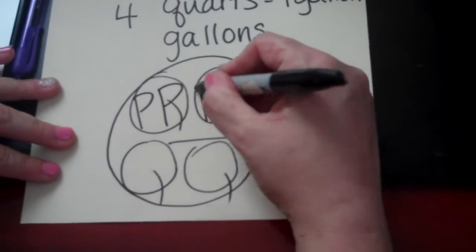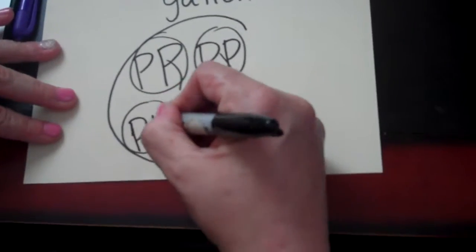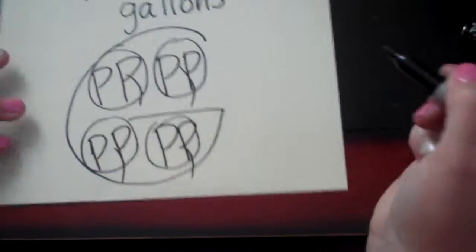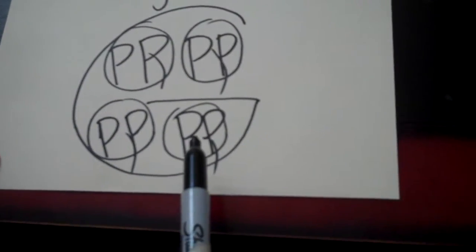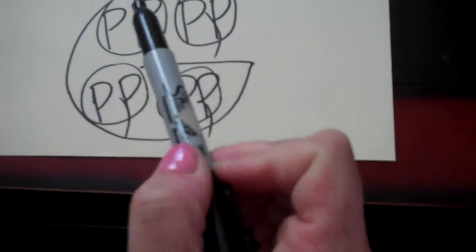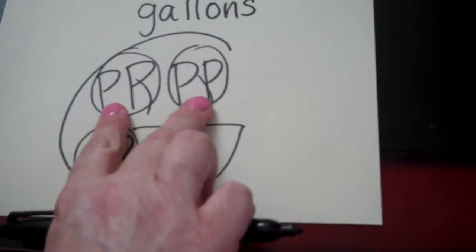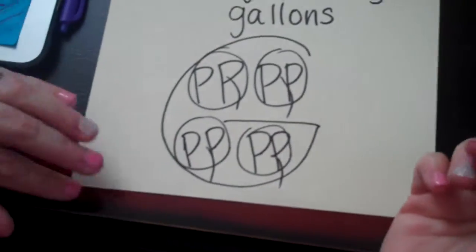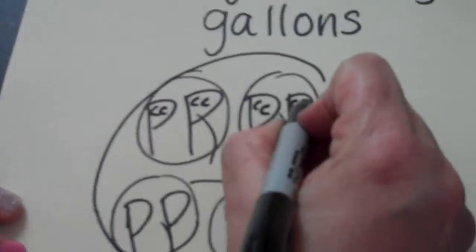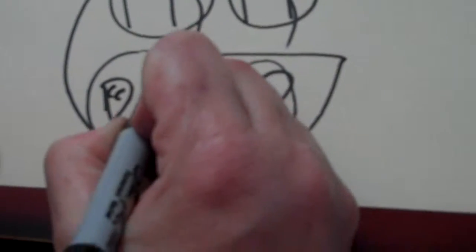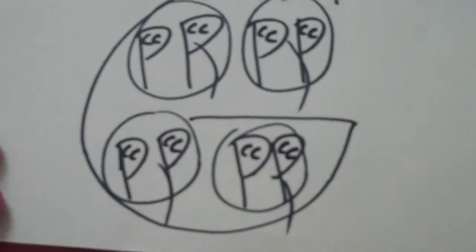So I'm going to draw 2 P's within each of these quarts. And then you can easily look and see I have 2, 4, 6, 8 pints in a gallon. You could also say I have 4 pints in half a gallon. And then my smaller unit is a cup, and there we said are 2 cups in a pint. So I'm going to put 2 C's in each of my P's because there's 2 cups in every pint.